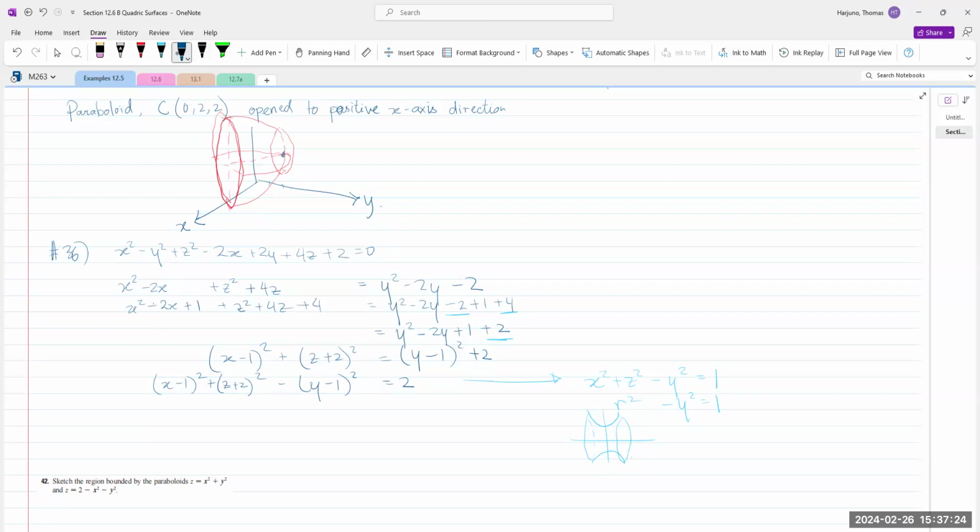Okay, so this is actually a hyperboloid of one sheet, parallel to the y-axis, centered, quote unquote, at (1, 1, negative 2).